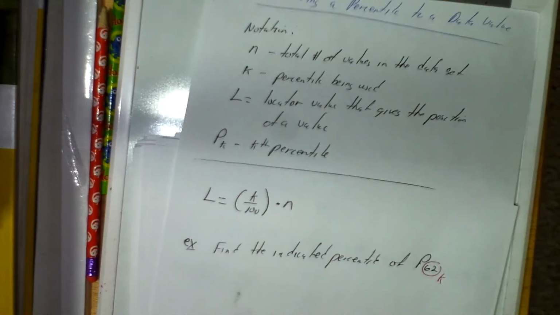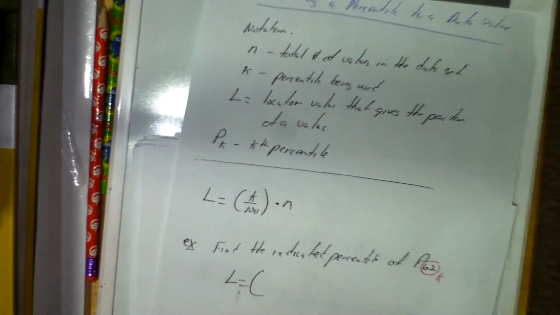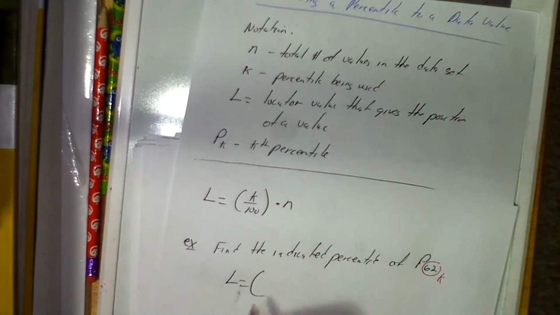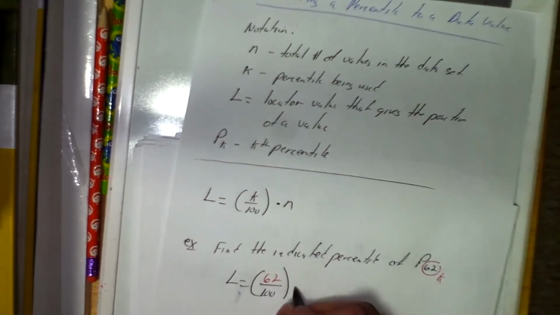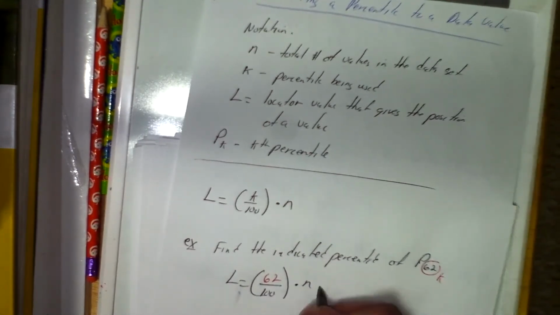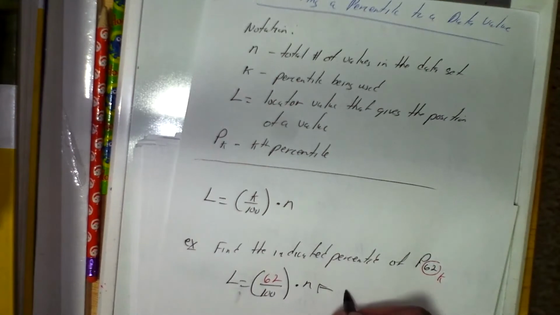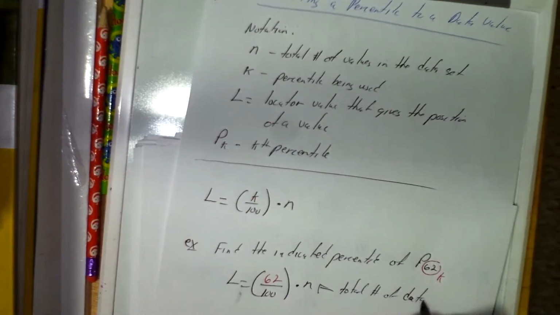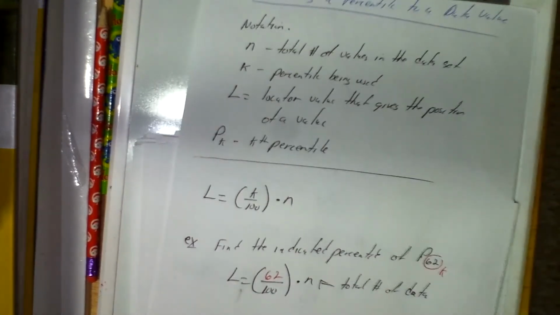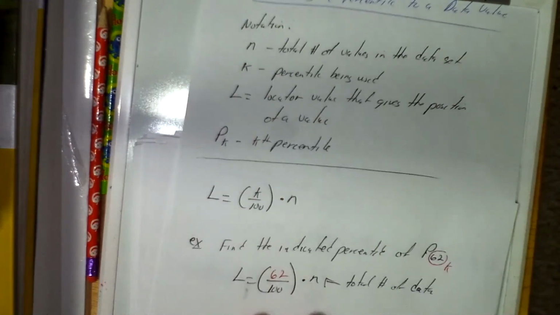So you would do L equals 62 over 100, and then you multiply by n. n is going to represent the total number of data. We'll figure that out in a little bit. That's how it goes.